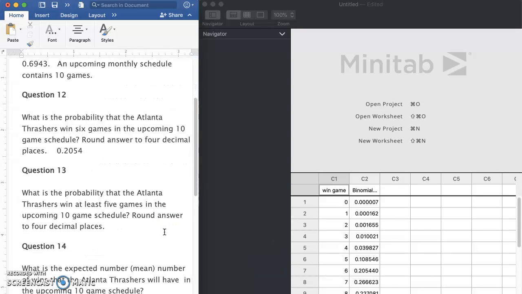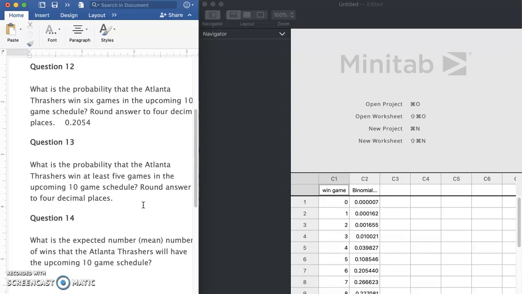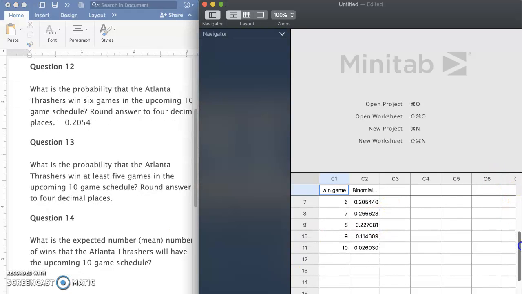What is the probability that the Atlanta Thrashers win at least 5 games? So at least 5 means they have to win at least 5, but they could win 5, 6, 7, 8, 9, or 10. So that means when you go into Minitab over here, you have to get that they're winning 5 or more. So it's all of these.